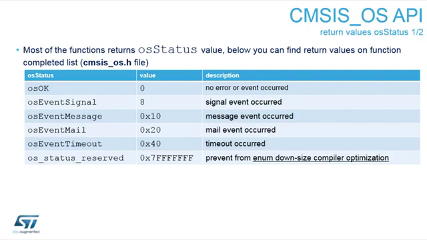We have other things too: if you wait for a signal, you should check if the function returns the OS event signal, or message, or mail. But if it times out, it will give you an OS event timeout. So typically you have to test the return value of a specific function and decide whether the result is positive, so you got some message, or whether you got a timeout.